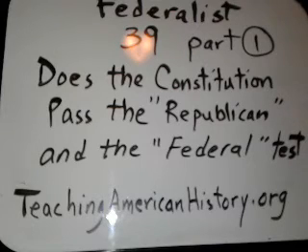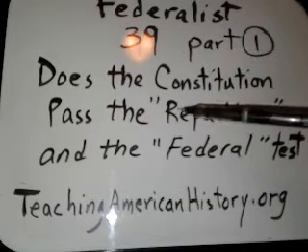He says that's what Federalist number 39 tries to address. Is the new Constitution a Republican form of Constitution? It's a Constitution for a republic, not Republican like the Republican Party.